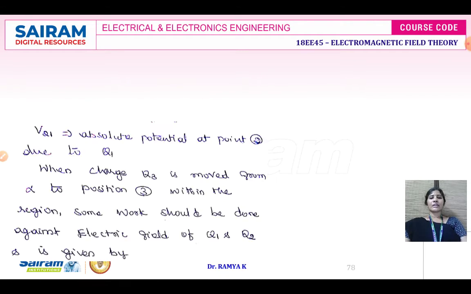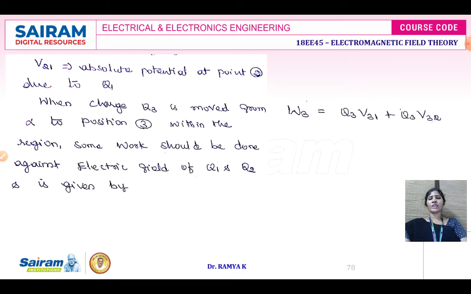Also we know that when you are moving the charge Q3 from infinity to position 3, we need to do some amount of work, and the work done is given as W3 equal to Q3 V31 plus Q3 V32. When we move the charge Q3 from infinity to point P3, Q1 and Q2 are already present inside the universe. So because of Q1 and Q2, we need to find the potential at point 3.